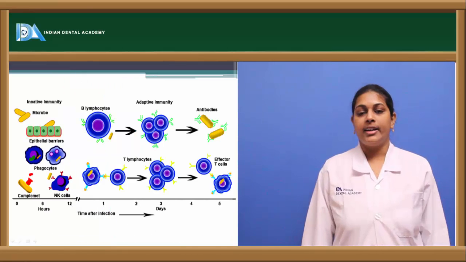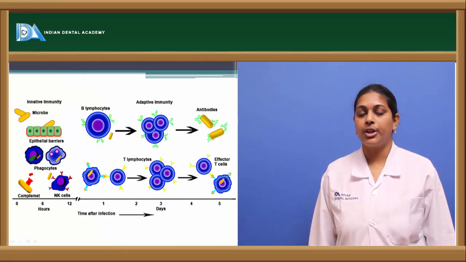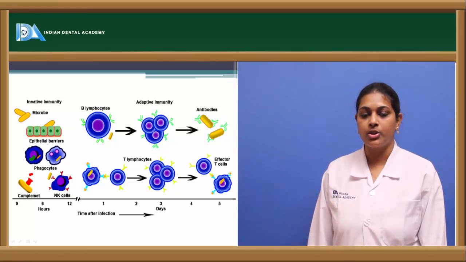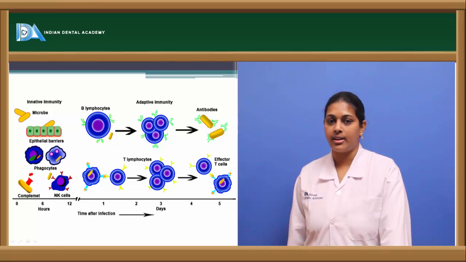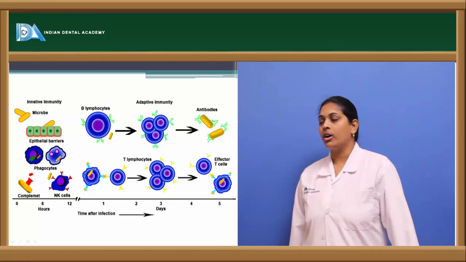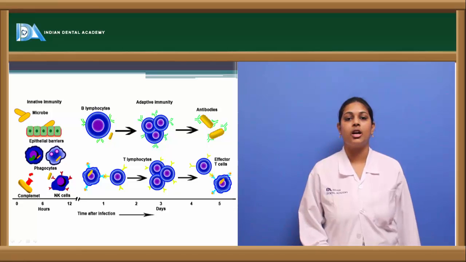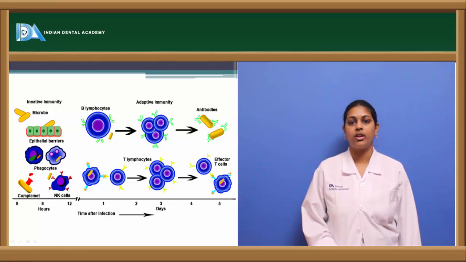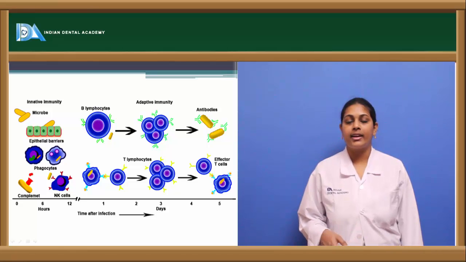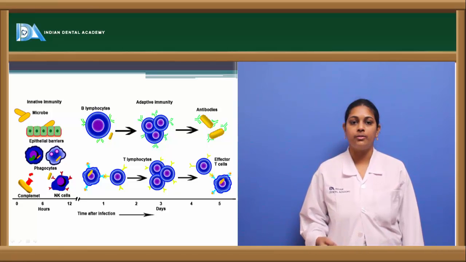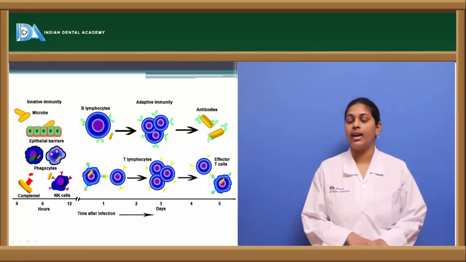Coming to the innate immunity or the adaptive immunity, innate immunity is usually the immunity which is attained before there is any exposure to the antigen or the microbe. Usually innate immunity is attained by certain cells such as Langerhans cells, or dendritic cells, usually present within the epithelium. These cells get activated when there is any antigen trying to enter within the epithelium.